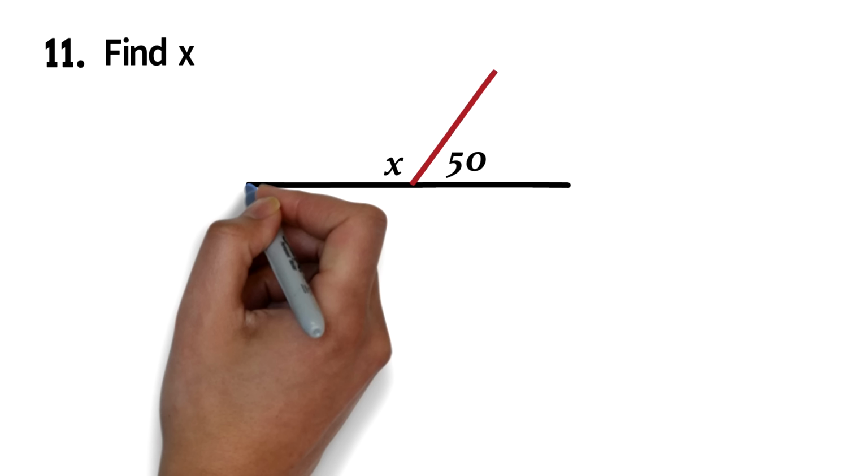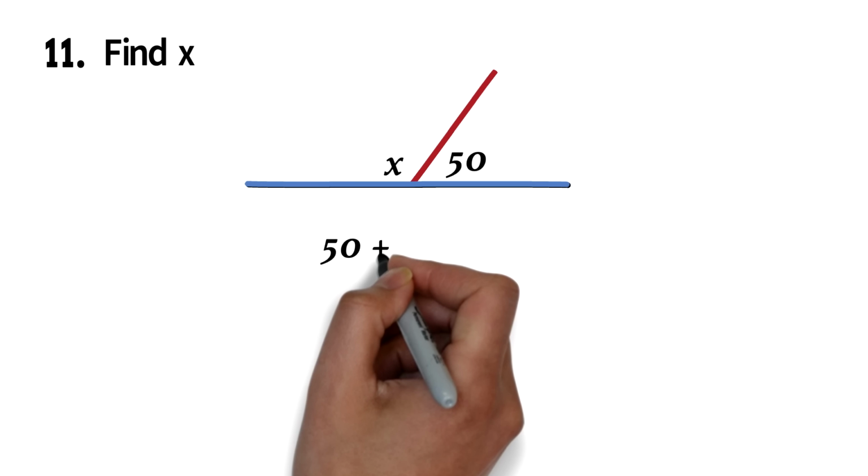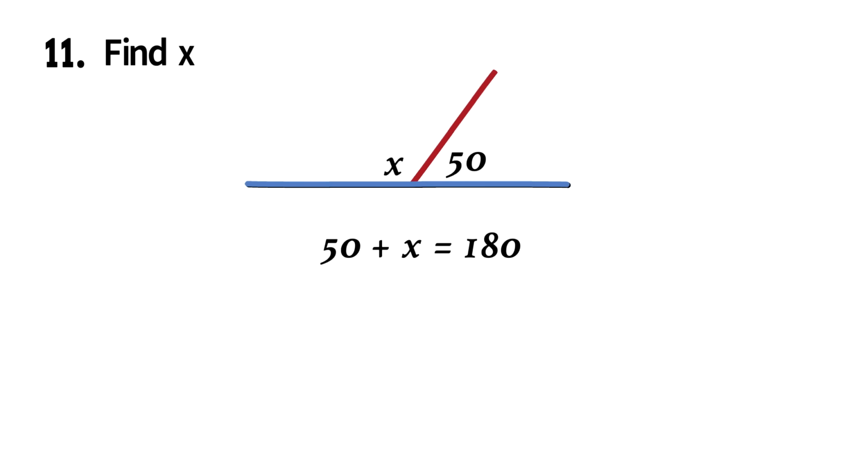We are asked to find the angle x. To solve this, all you have to remember is that the angle on a straight line is 180 degrees. This is a straight line. That means if you add 50 to x, you will get 180. We can solve for x now. One-step equation.